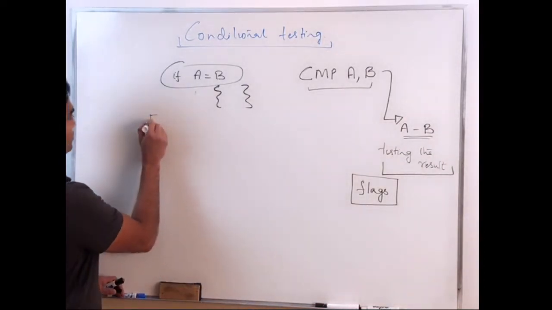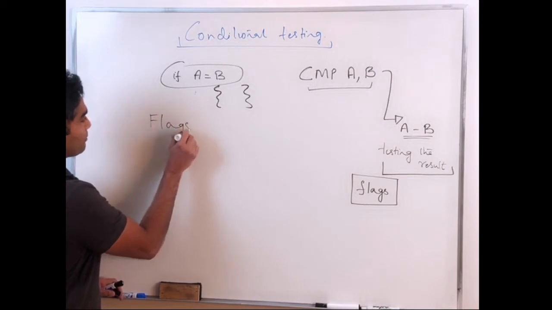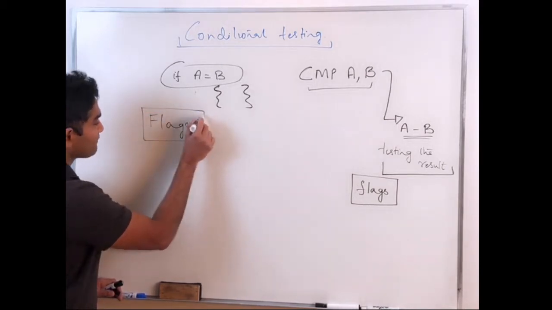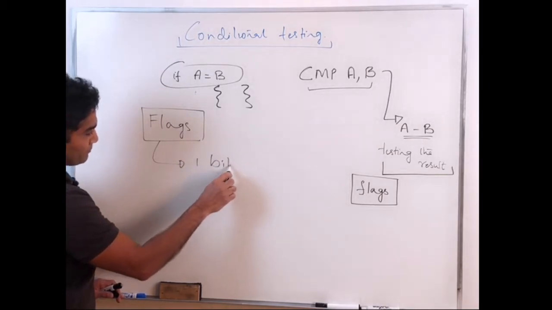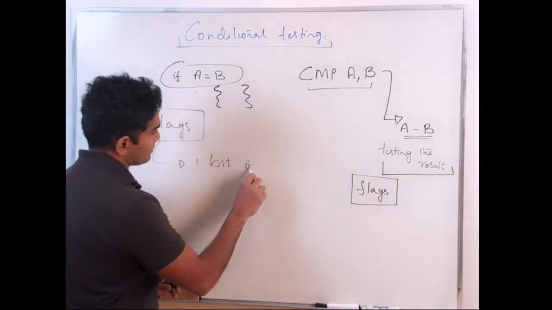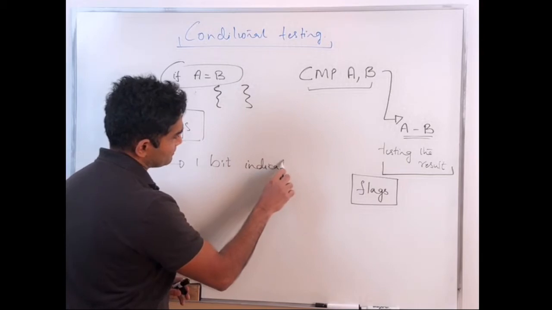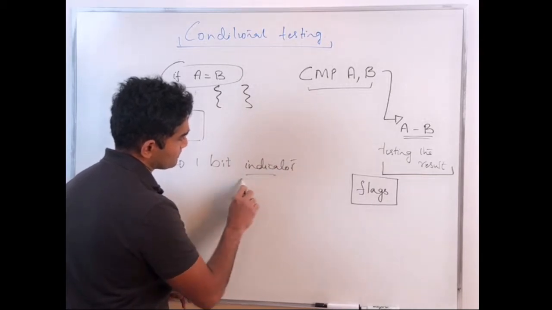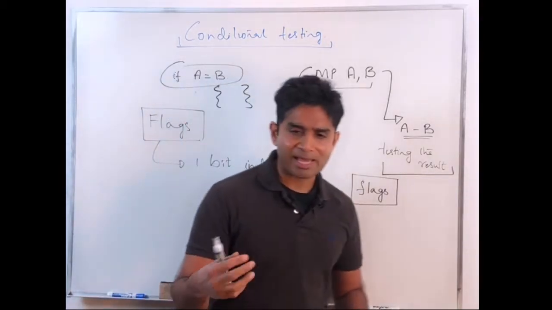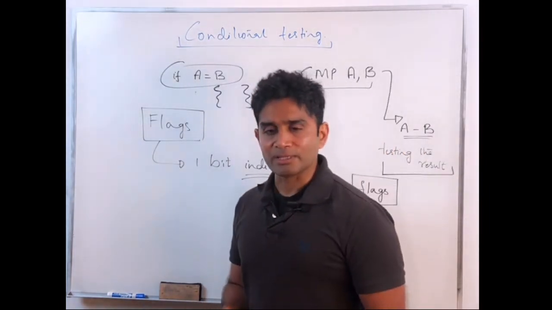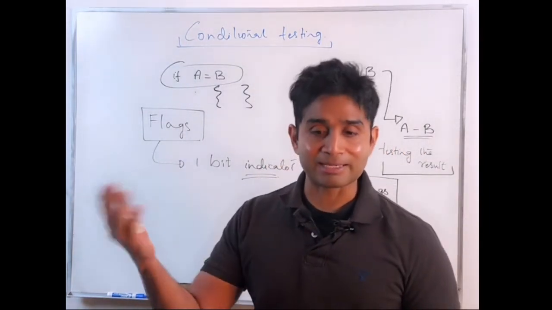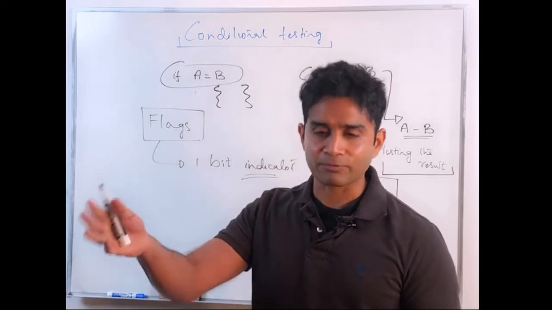In today's lecture, we'll talk about flags. A flag is basically a 1-bit indicator, if you will. We use the term flags all the time. In colloquial language, we say something raises a flag. So basically, it's an indicator for something.